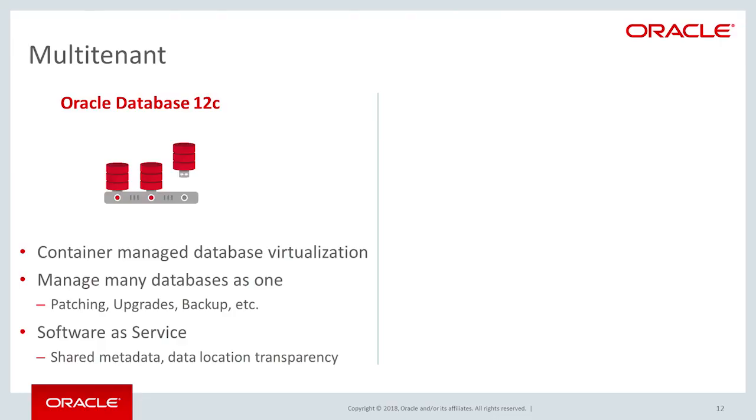With this architecture, we gave customers the ability to make more efficient use of their database infrastructure resources and their DBA resources, because by managing many databases as one, instead of multiple distributed databases, we can make it easier to patch, upgrade, secure, back up, and so forth. Also with Oracle Database 12c, we introduced the concept of an application root, so we can share common application code against multiple pluggable databases in a multi-tenant container.